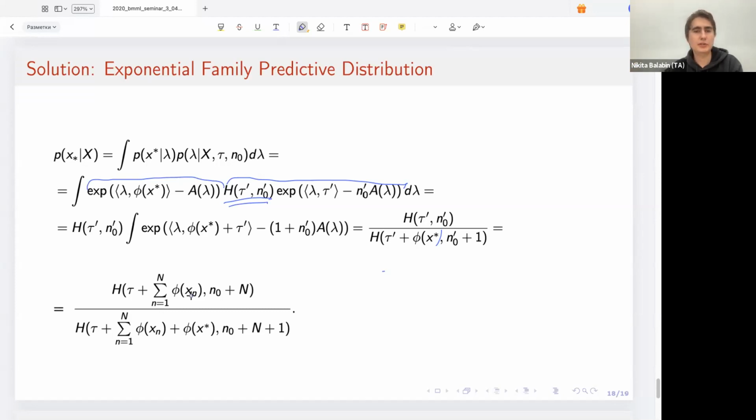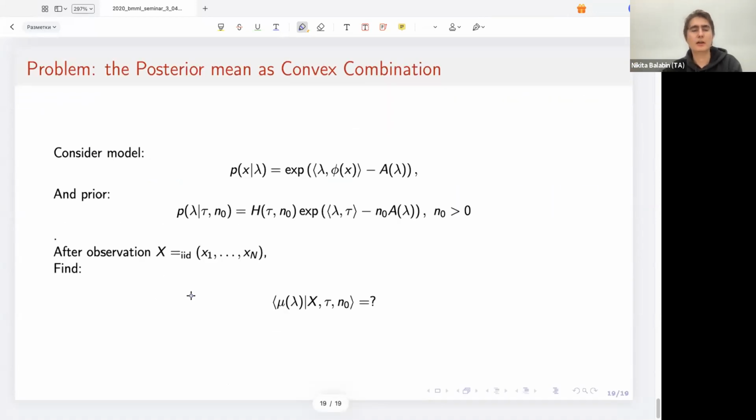Okay, any questions here? If not, we go to the last problem. Here it is. Now we need to prove the property about convex combination. It's already written about convex combination.